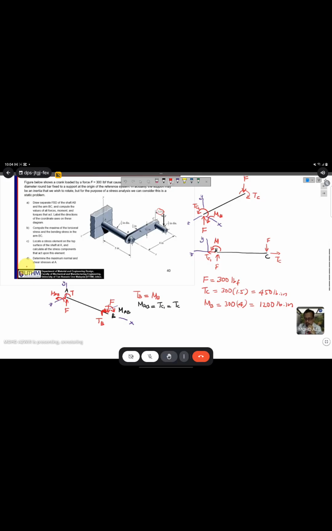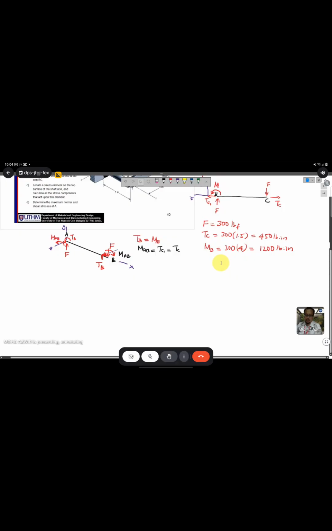Okay, top A. So again, I want to ask you, is this free body diagram already in equilibrium? Yes.